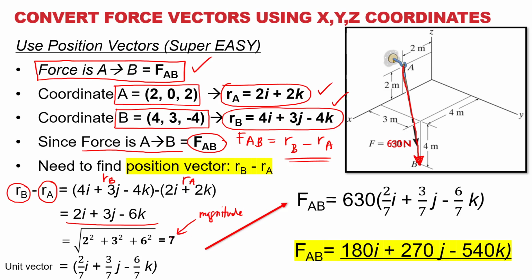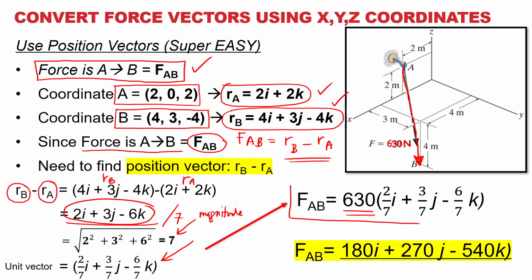The magnitude is 7. So the unit vector you're going to get is this part divided by 7, the magnitude. Simplify things, and you're going to get something like this: 2 over 7 i, 3 over 7 j, minus 6 over 7 k. Once you've got this unit vector, multiply back with the force.